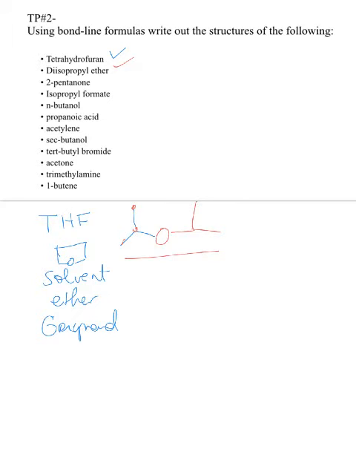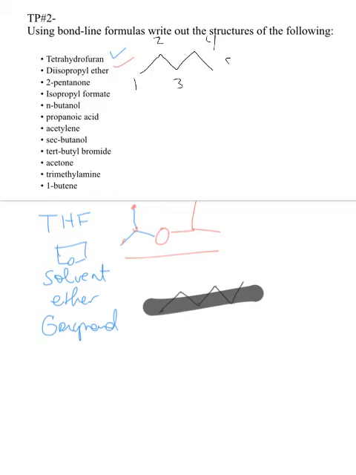2-pentanone. Well, pentanone has 5 carbons, so we go 1, 2, 3, 4, 5. Let's draw this again because I drew 6. 1, 2, 3, 4, 5. 2-pentanone. So on carbon number 2, we make a ketone.